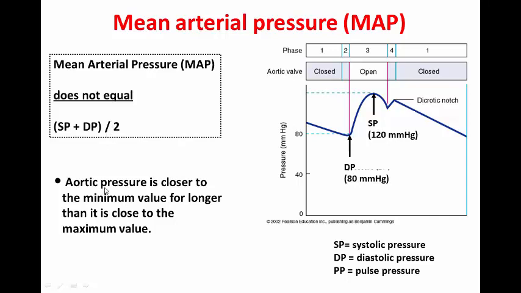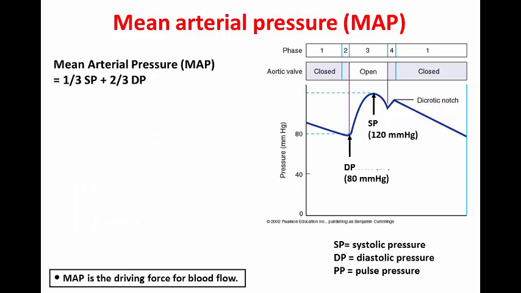In fact, the aortic pressure is closer to the diastolic pressure for a longer period of time than it is close to the maximum value, because the duration of left ventricular diastole is 0.5 of a second, and the duration of left ventricular systole is 0.3 of a second at rest.